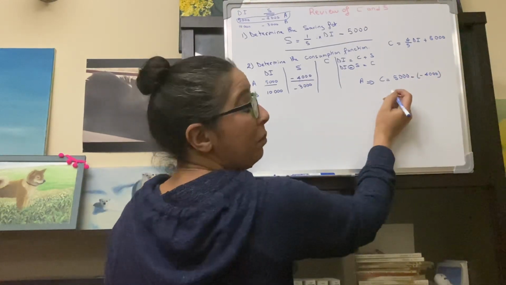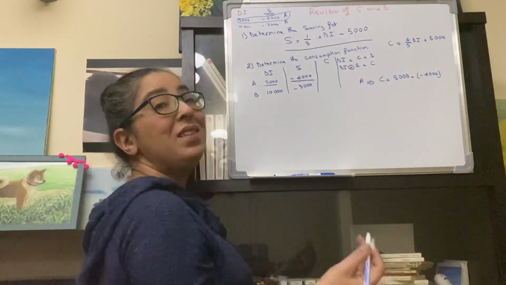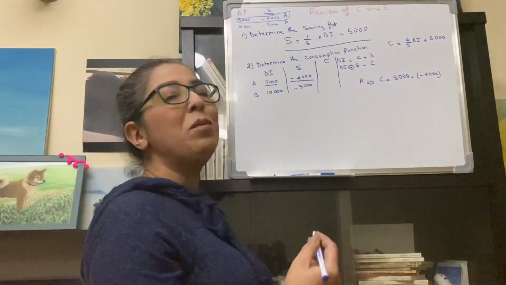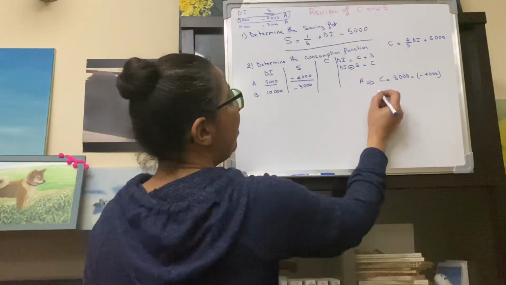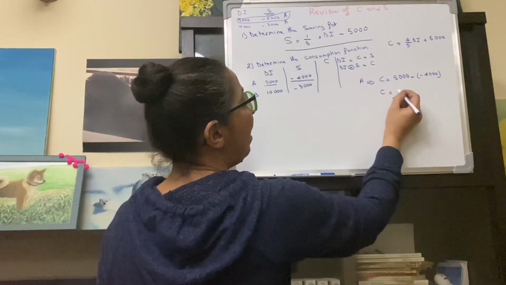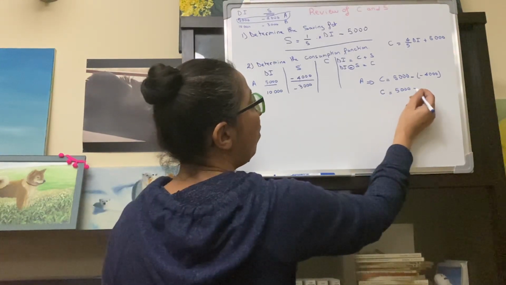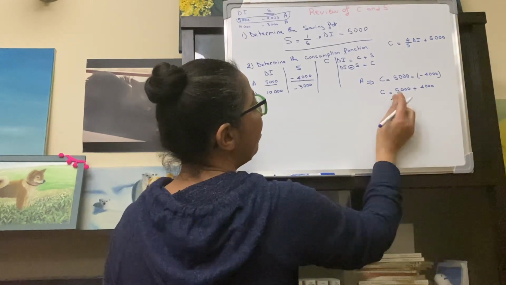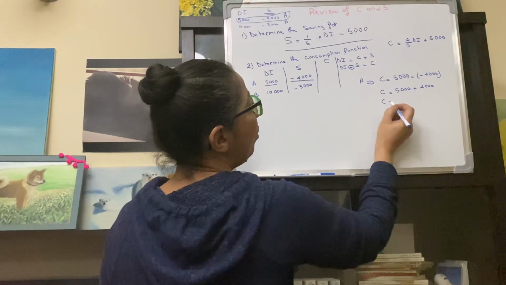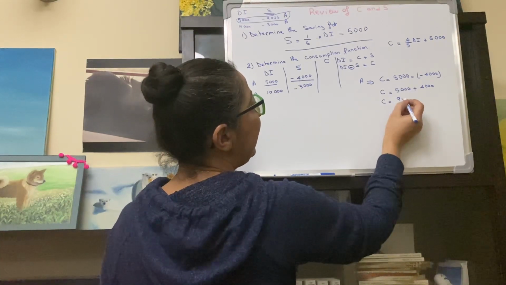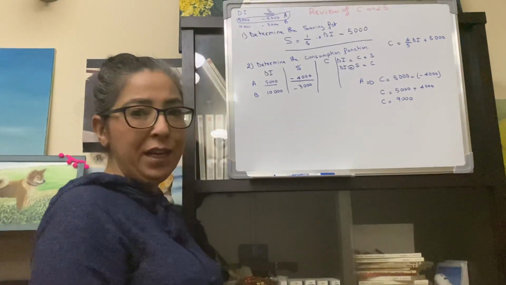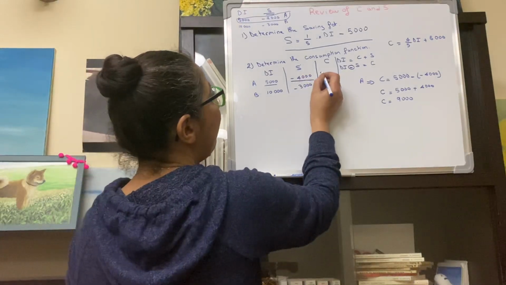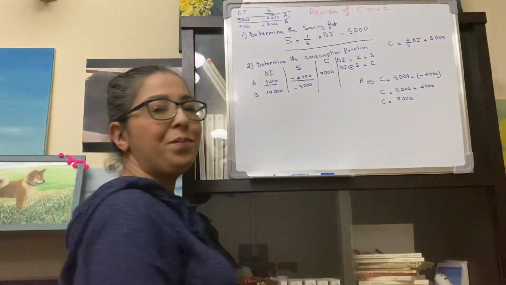So it becomes a plus, because I was consuming more than my income. So C is equal to 5,000 plus 4,000. So my C was equal to 9,000. Agreed? So here I'm going to have 9,000.